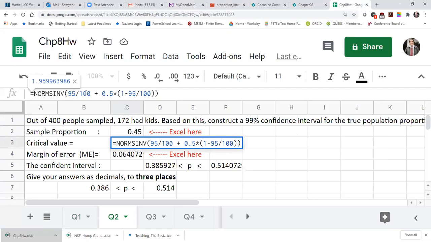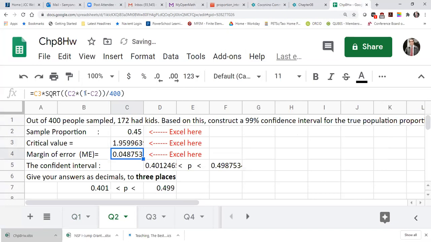Just you need to be careful how to write the confidence interval. Okay. So in this case, the margin of error is automatically calculated, because this is also 400, right? Remember the margin of error is what? The critical value, which is C3, right, times the square root of C2.